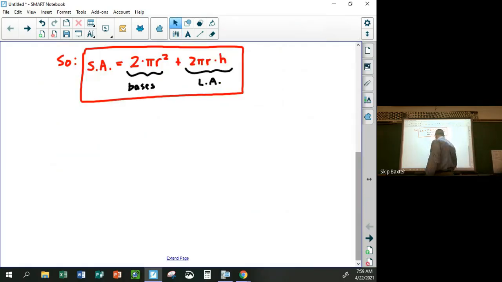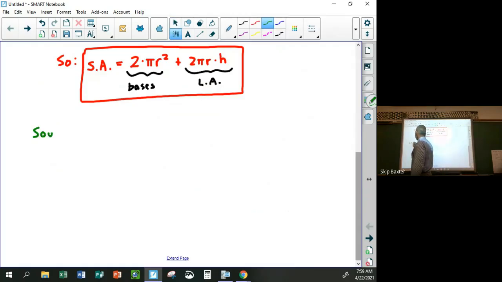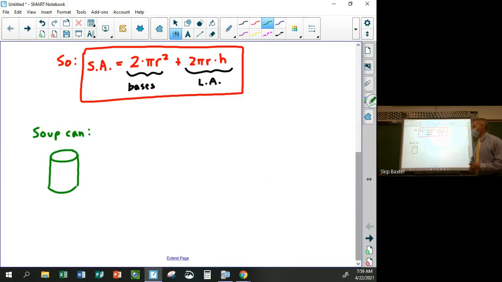So, for example, if I said a can of soup is shaped like a cylinder, and let's say the diameter, or the radius rather, is 2 inches.